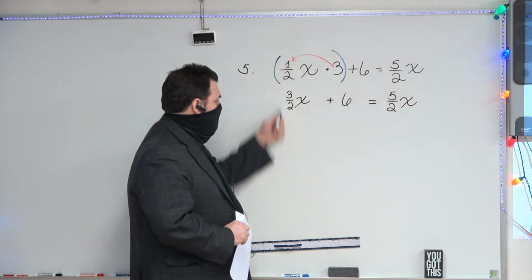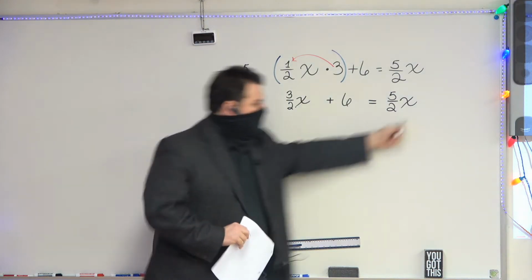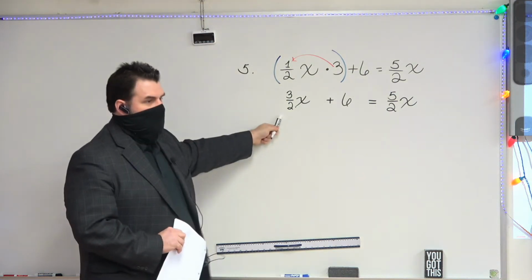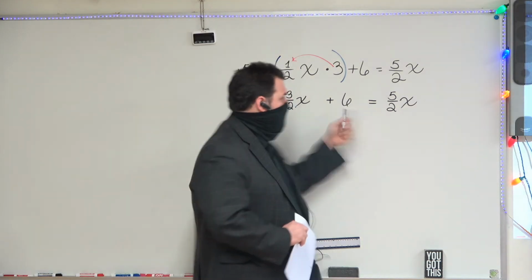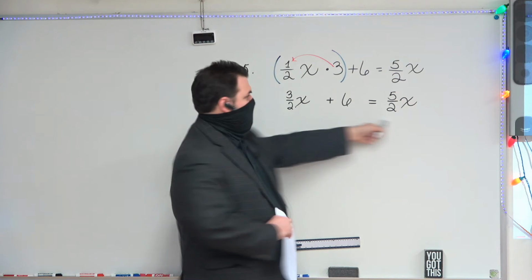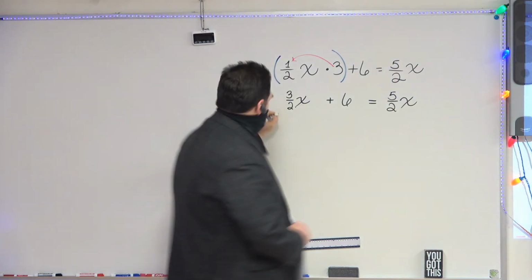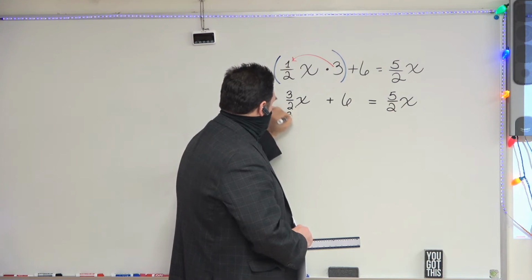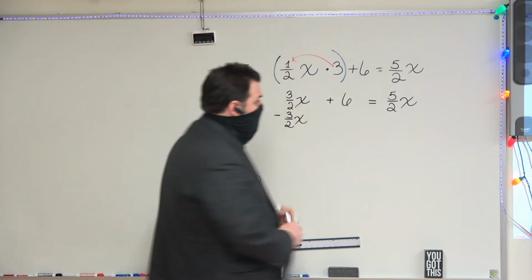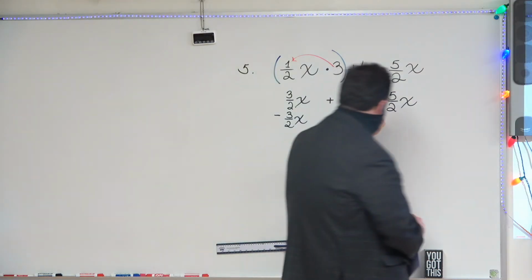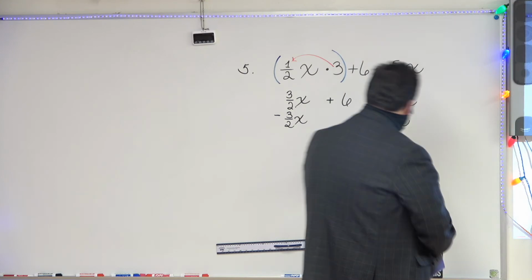That we move the 3 over 2x over here to be with this guy, or whether we pull this one over to the left? Put this over here, because if we bring this over here, we have to subtract 5 over 2x. We'll end up with a negative number. But if we just subtract 3 over 2x from both sides, see, I just said it wrong. Subtract 3 over 2x from both sides.